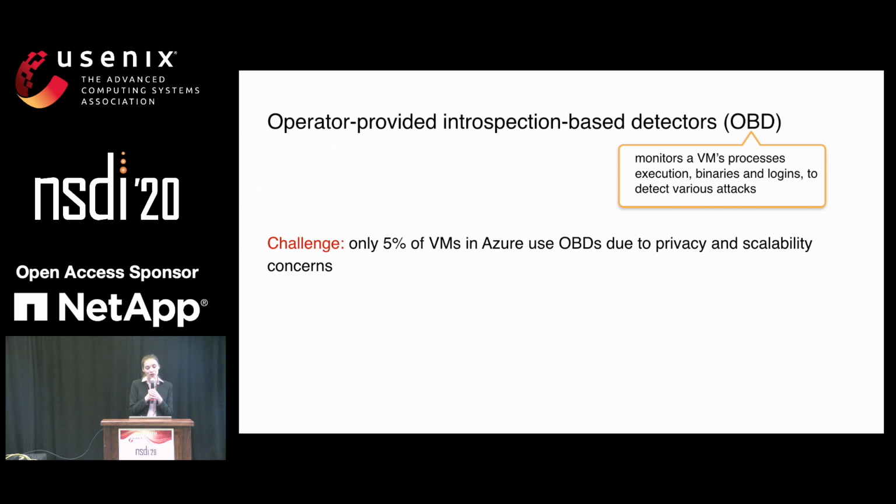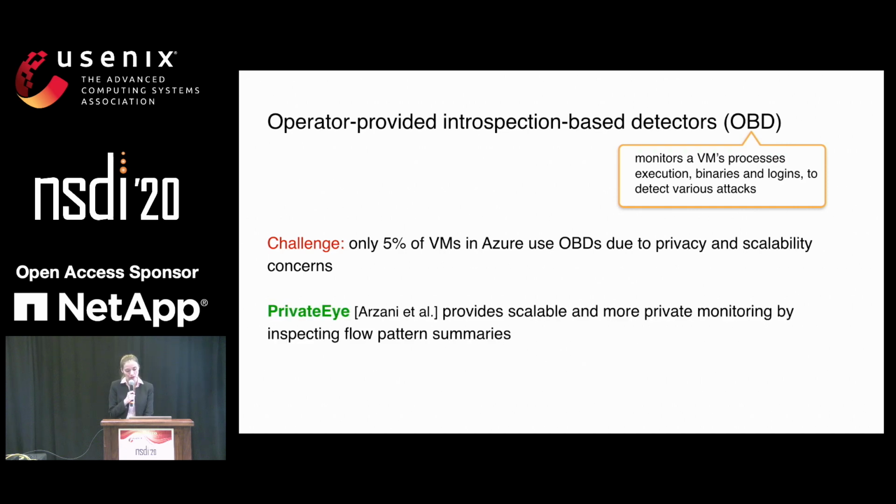So the question is, with only this many OBDs, how can you actually detect that various attacks are happening and which VMs are compromised? And how can you provide a method that does not affect privacy? So Private Eye provides scalable and more private monitoring by basically inspecting flow patterns.